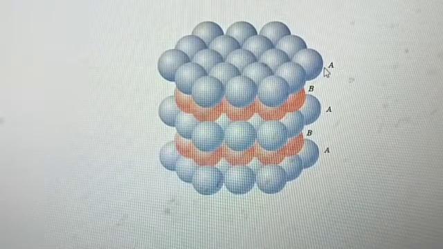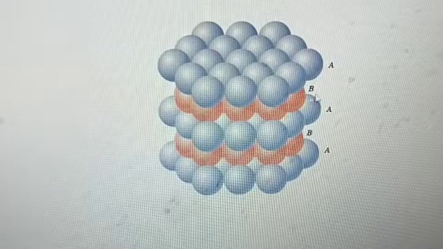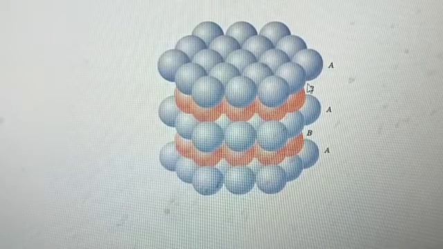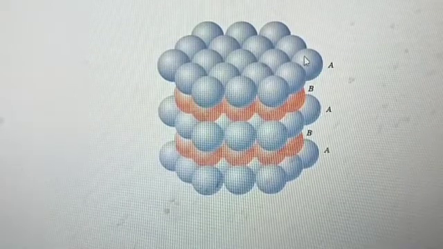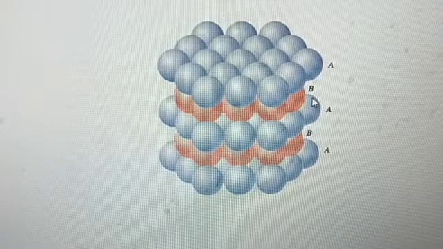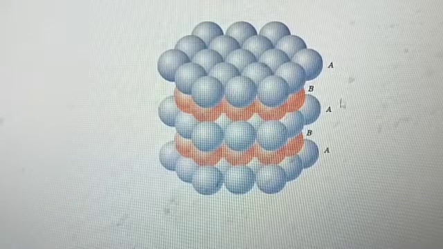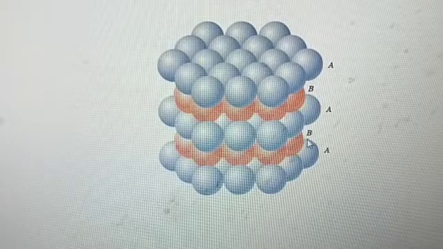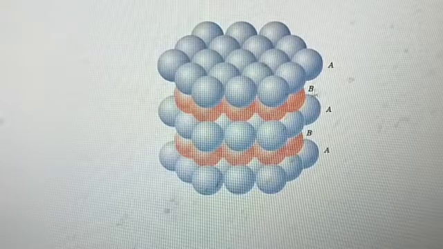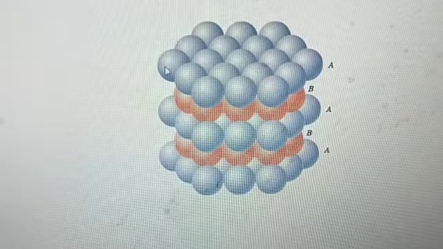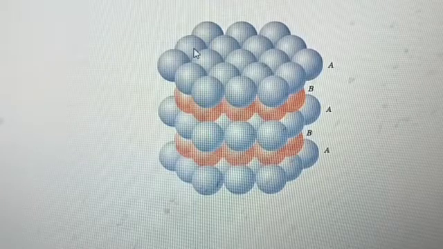So this type of arrangement is called ABAB. Why are we calling it ABAB? Because the first and third layers have the same alignment of atoms, and the second and fourth layers have the same alignment of atoms. So we can call this pattern the ABAB pattern.